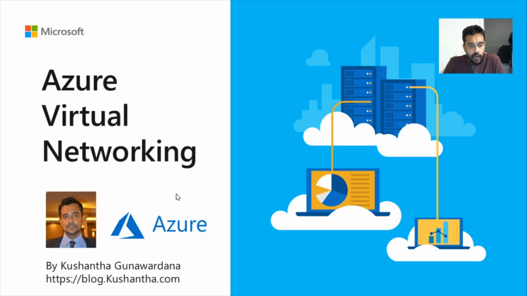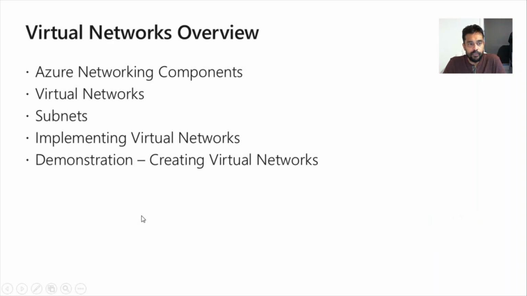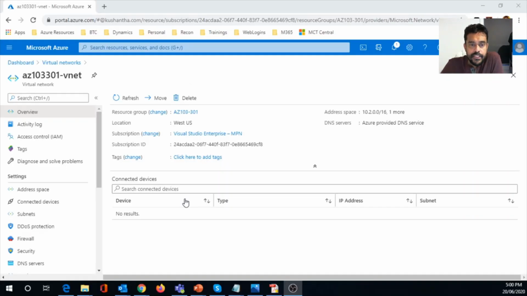Let's see how we can configure those in a real Azure environment. Here I'm going to show you how to create a virtual network, the components within virtual networks and subnets, and other associated components within subnets. Let's begin. This is my Azure tenant, the Azure portal.